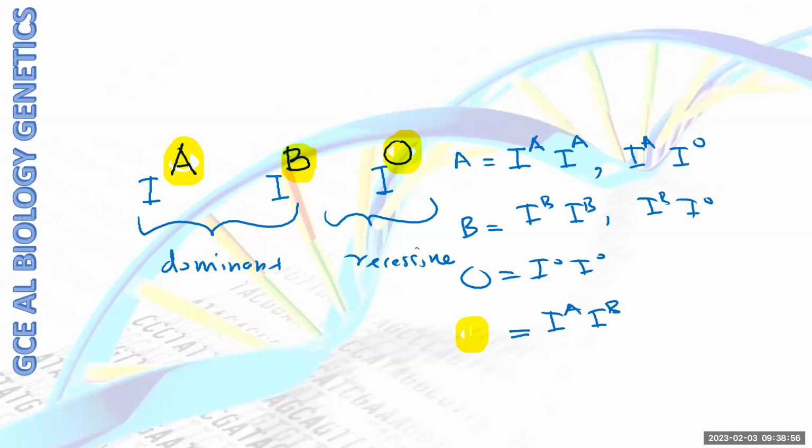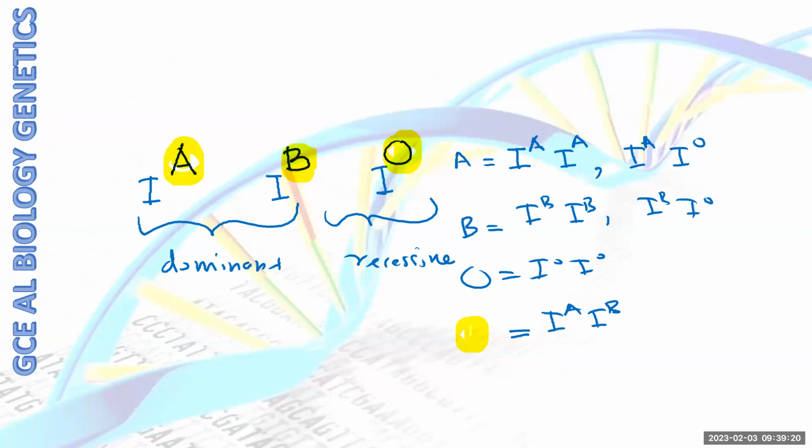But here both are dominant. It's close to incomplete dominance, but we have to distinguish between them a little bit. That's why sometimes this is mixed up with incomplete dominance.